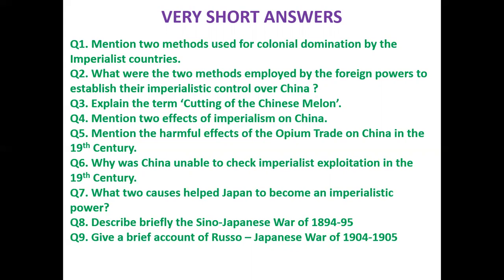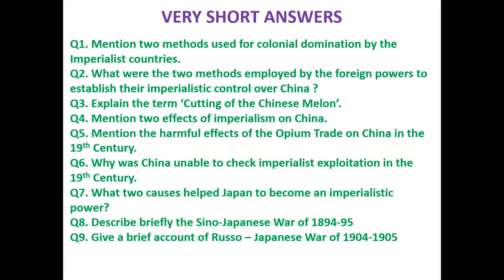Next question. Why was China unable to check the imperialist exploitation? China was unable to check the imperialist exploitation due to many reasons. Some of them are, just like other Asian and African countries, China was very weak militarily and backward.